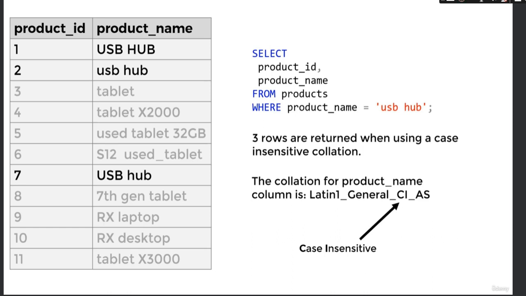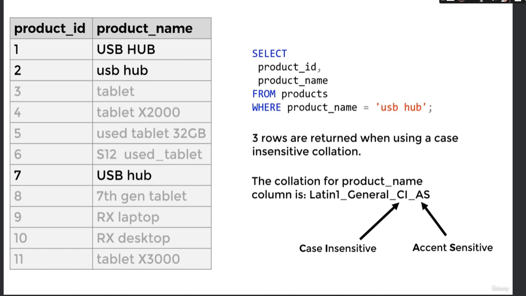And AS is accent sensitive. Here CI is case insensitive, AS is accent sensitive. An example of an accented letter is one which has a dash above it.